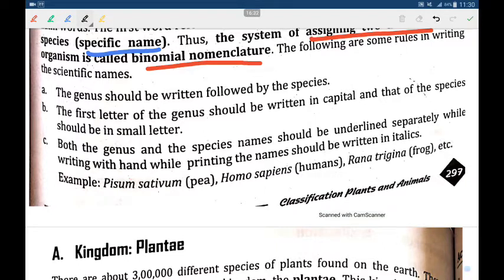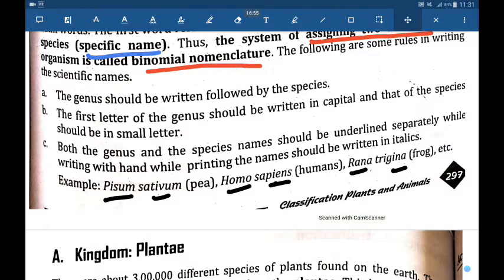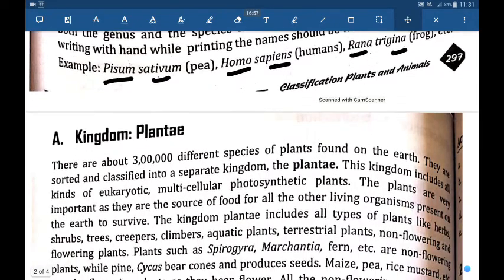First is the generic name, second is the specific. The generic name starts with a capital and they must be underlined or written in italics. I write in italics, so we have to underline like this. Okay, friends? Did you get the point? Good.